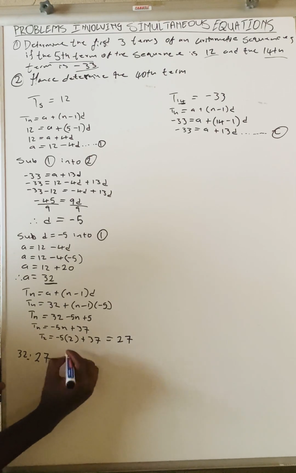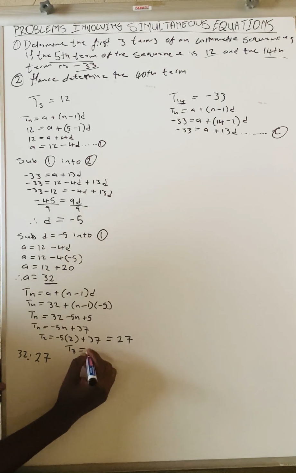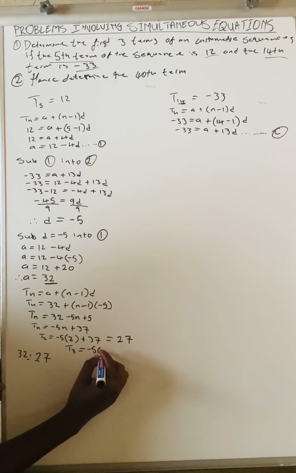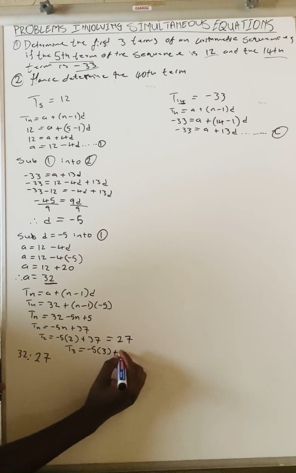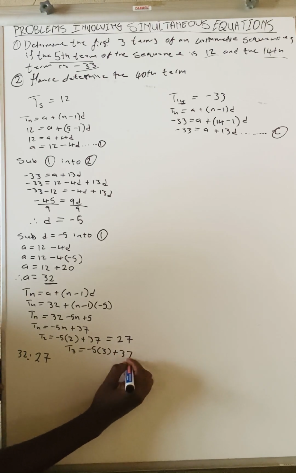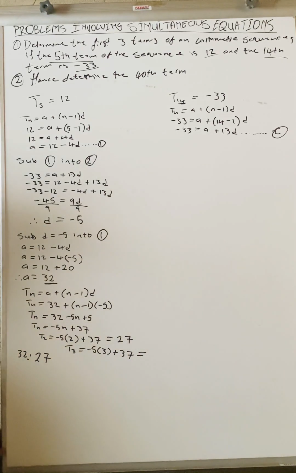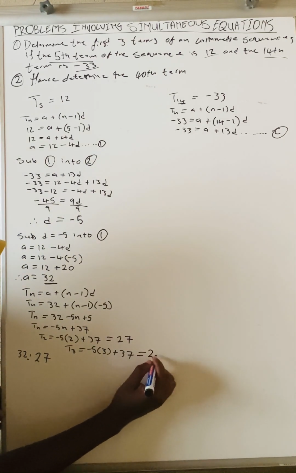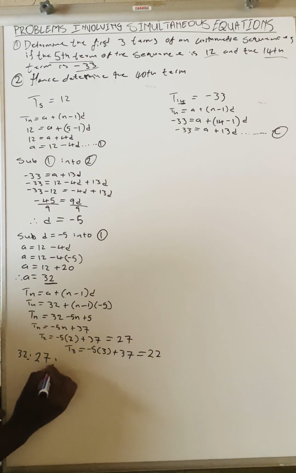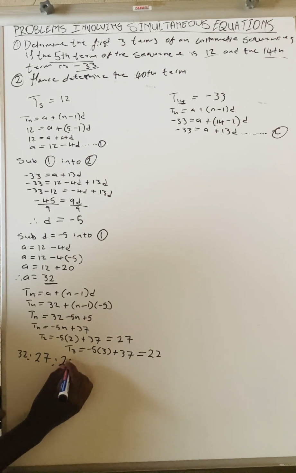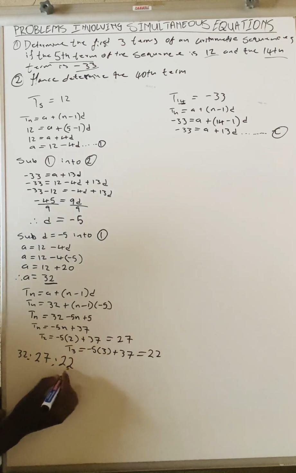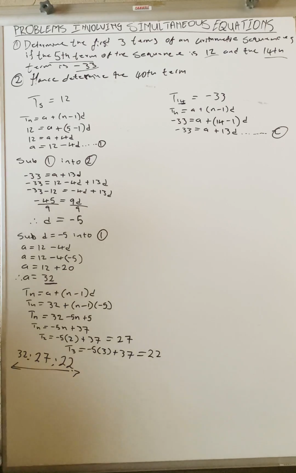Then you do the same with T3. You just say T3 is equal to negative 5 times 3 plus 37. You will get what? You punch the calculator, you will get 22. It means T3 is 22. These are the first 3 terms.